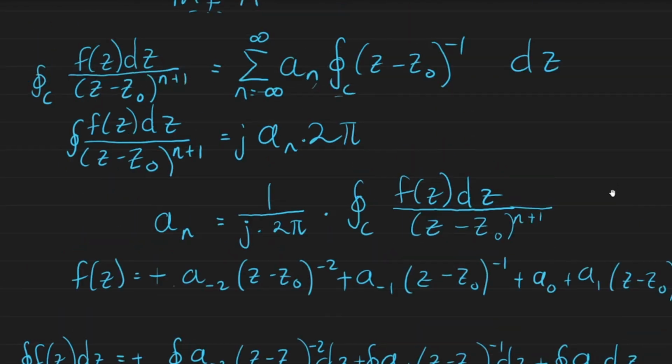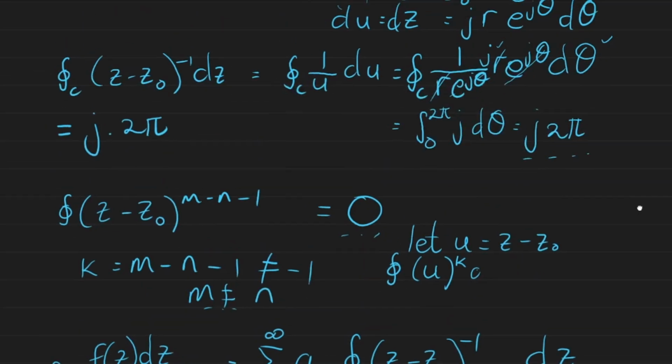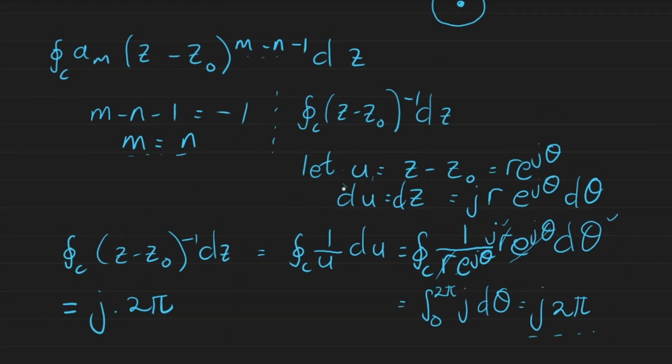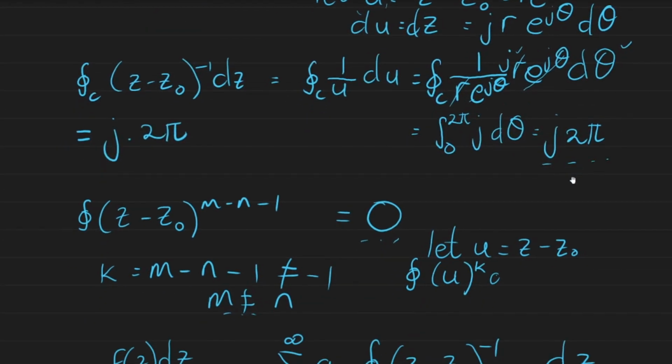So if I just scroll up a little bit here, we saw in this derivation that we have a value for this integral only when this exponent is minus 1, and it's that value j2 pi. Everywhere else, for every other exponent, this integral is equal to 0.